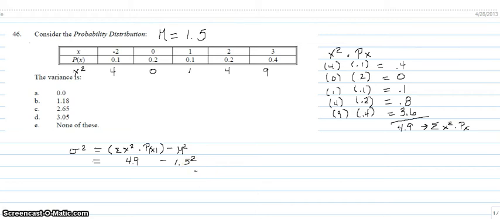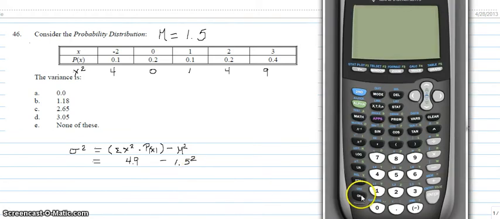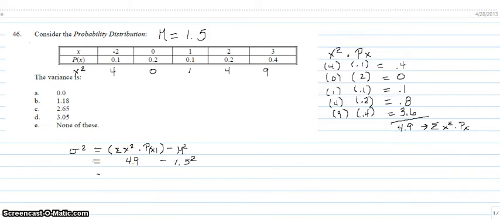Okay, let's bring up the calculator just so we can see what I'm doing here. And let's square 1.5. 1.5 squared is 2.25.